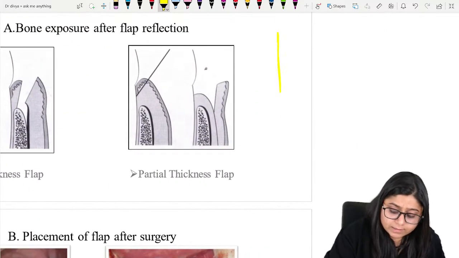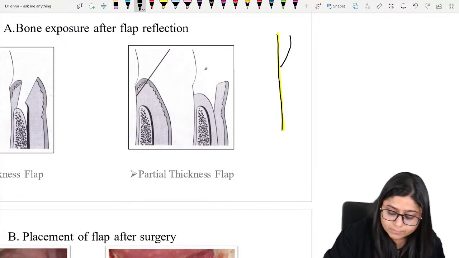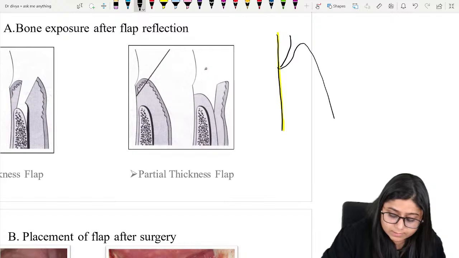So if this is the gingiva, this is the tooth, here is the gingiva, this is the bone, right?